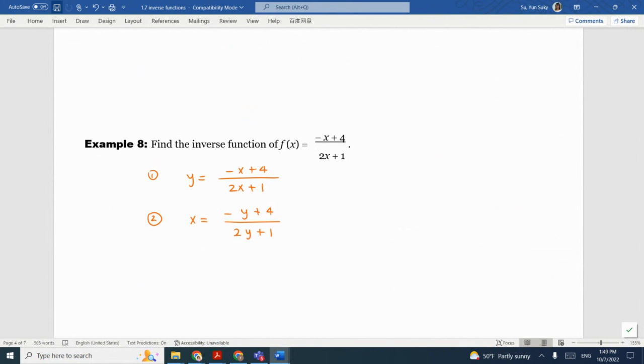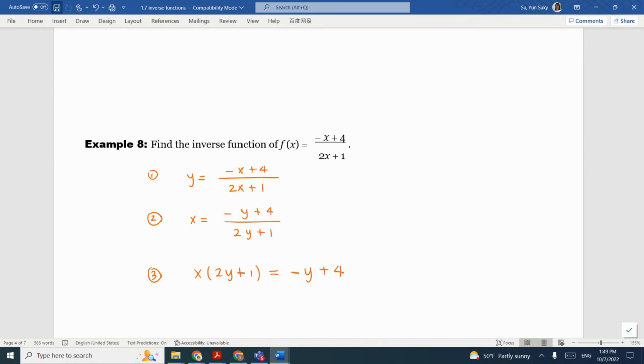Yes, everybody? What's the next step? Solve for y. So solve for y: multiply both sides by 2y plus 1. That's minus y plus 4. Yeah, everybody?